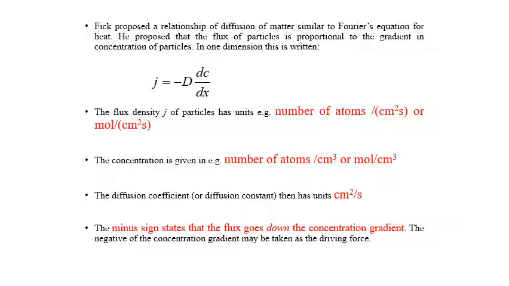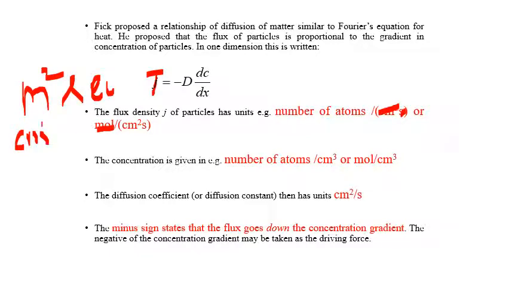So this is the formula, J equals minus D dc/dx, where J is nothing but the number of atoms per unit area, that is atoms per centimeter square per second, or else moles per centimeter square per second. So this is very important, either we'll get meter square per second, or else centimeter square per second.